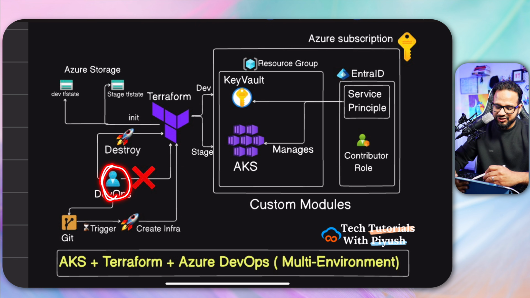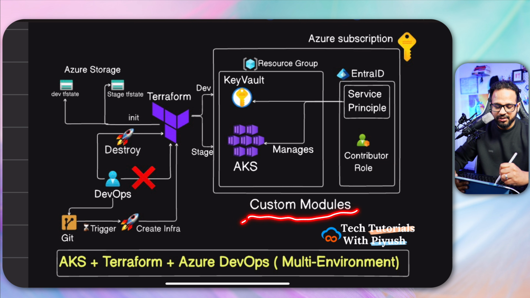So a DevOps engineer would run the Terraform init, Terraform plan and apply command, and then it will provision the resources for you. So provision the resources such as resource group, Azure Key Vault, AKS cluster, service principal, with the contributor role assigned to the service principal, and so on.